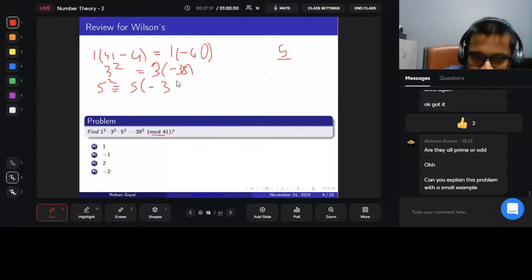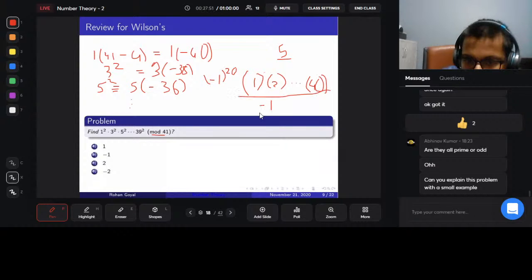So we'll get that the number is minus 1 to the 20th power. Observe that the 20th power is because we have 20 of these numbers, into 1 into 2 till 40. This from Wilson's theorem we know is minus 1. So we get that minus 1 to the 21 is our answer, which is minus 1.